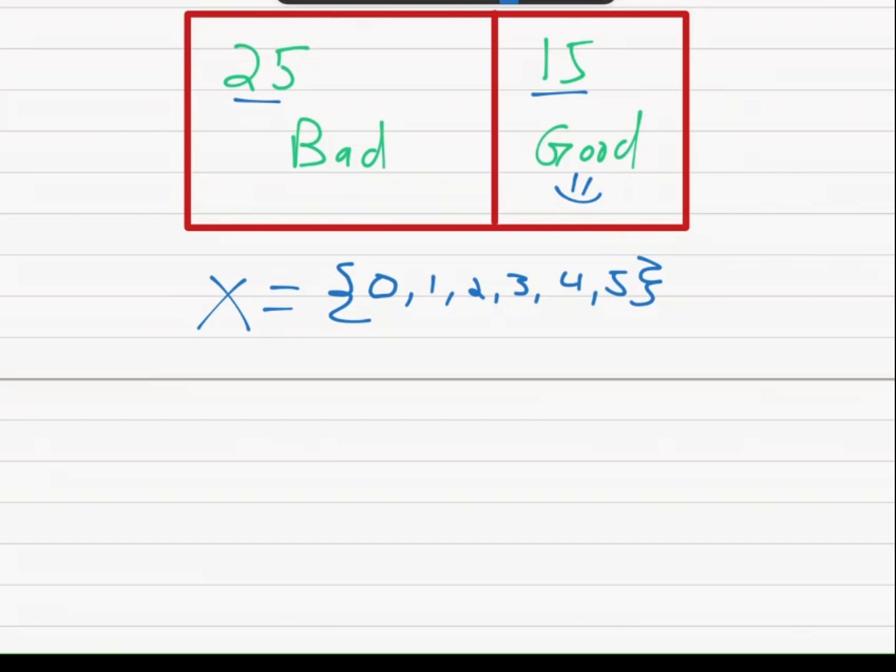All right, so now the probabilities here change a little bit.